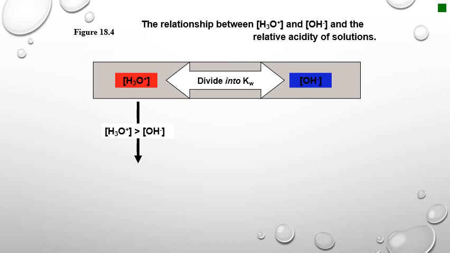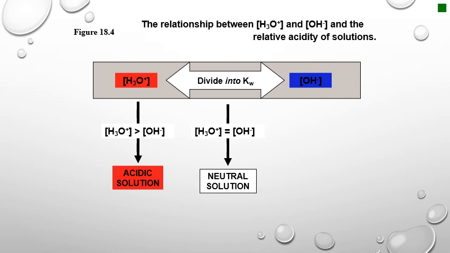If the H3O plus is greater than OH minus, meaning I have more hydrogen ions than hydroxides, then my solution is going to be acidic. If I have equal amounts of H3O plus and OH minus, then that means that I have a neutral solution. And if I have a larger amount of OH minus than H3O plus, again that hydronium ion, then I will have a basic solution.